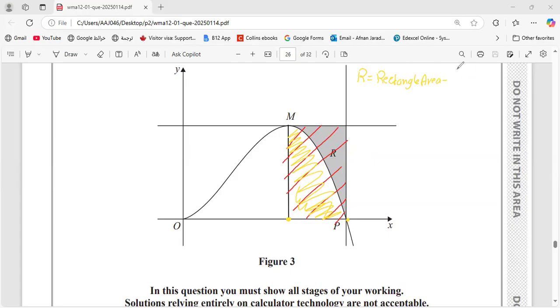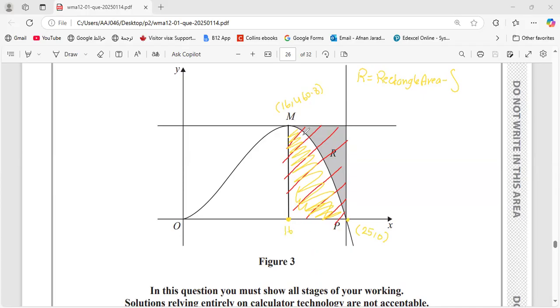minus the area under the curve, and to find the area under the curve, make an integration from point M, which equals 460.8 from part A, to point P that equals 25.0 from part B. So this one is 16.